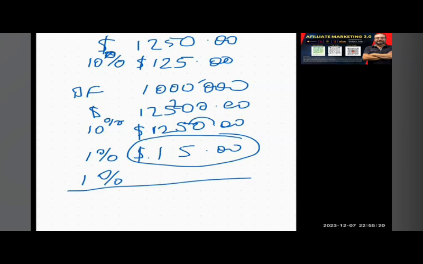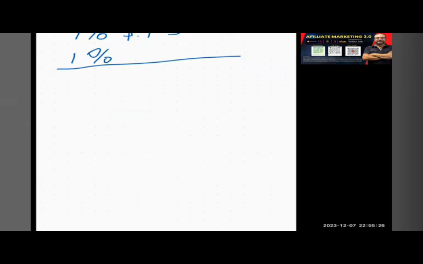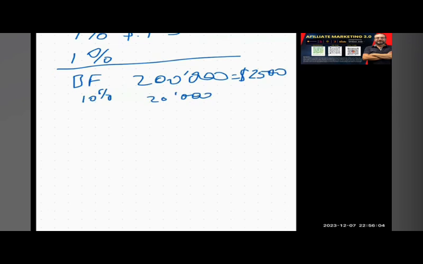much more controlled management. Let me give you another example. If your B fuel is 200,000, that equals $2,500, and 10% of that is 20,000, which means that dollar amount is $250.